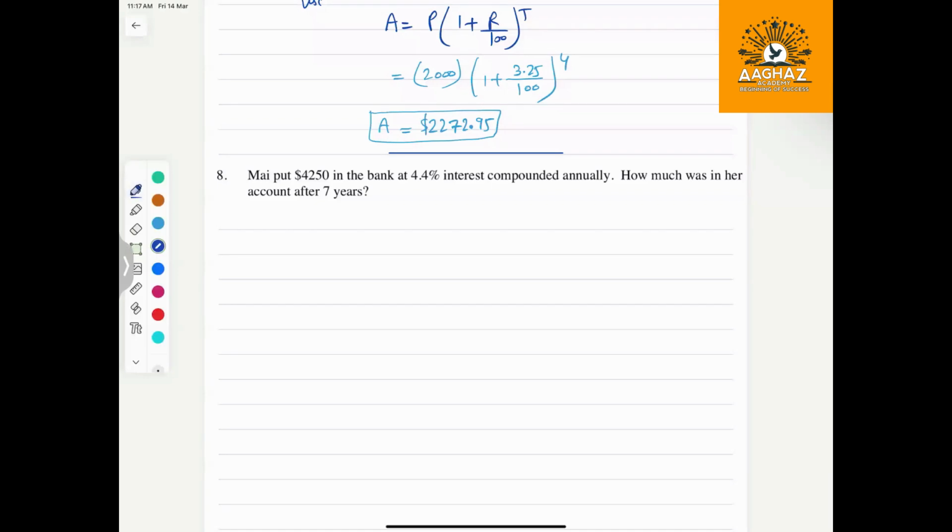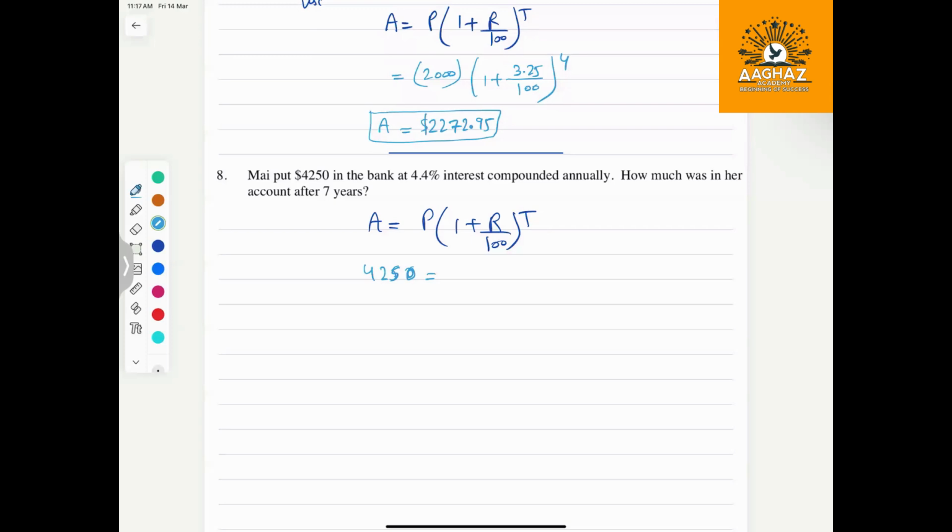Now for this question, I will use the same formula, that is A is equal to P (1 + R/100) whole power T. And you can observe the amount is given: $4250. Next, what is the P value?